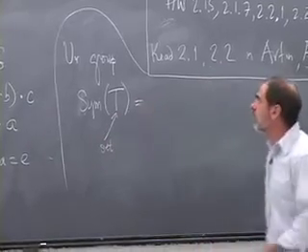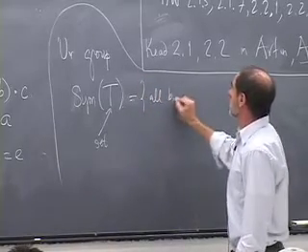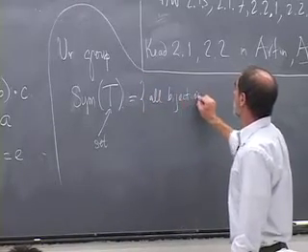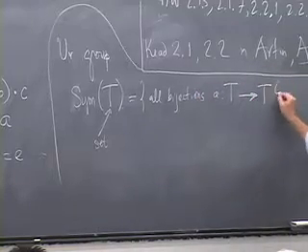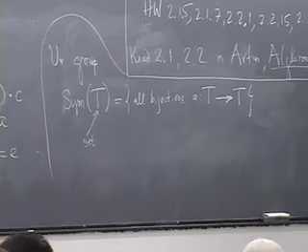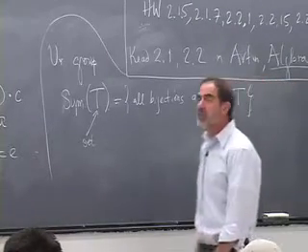And the symmetries of a set are all bijections of T. Bijection being a one-to-one onto map of the set to itself. And the group operation is composition.